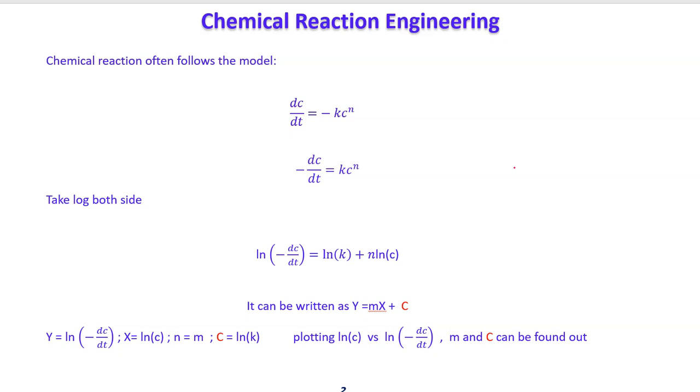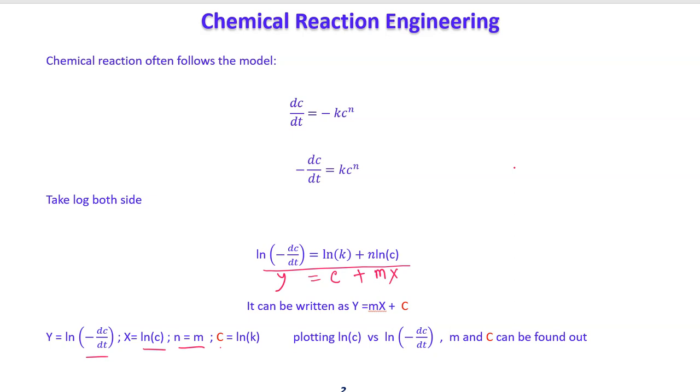Now we can write this whole equation as y is equal to mx plus c. This is y, this is x, this is m, and this is c. So y is equal to nothing but ln of minus dC_A by dt, x is equal to ln C, n is equal to m, the slope, and c is the intercept.